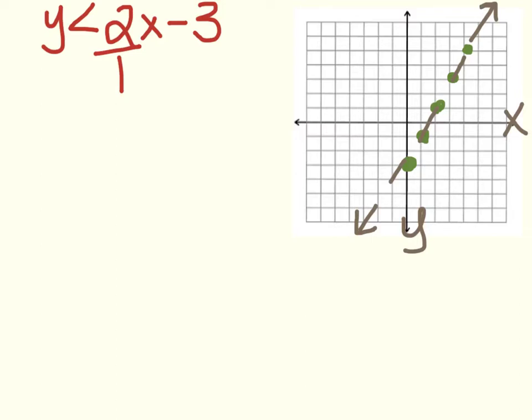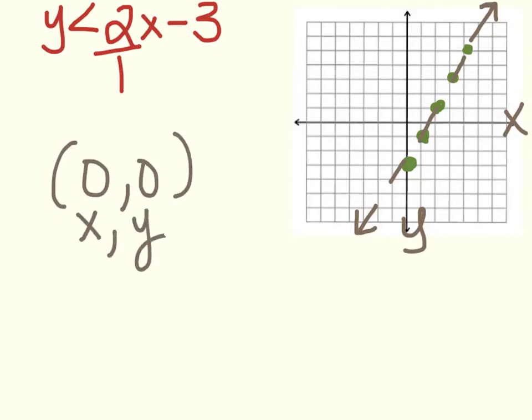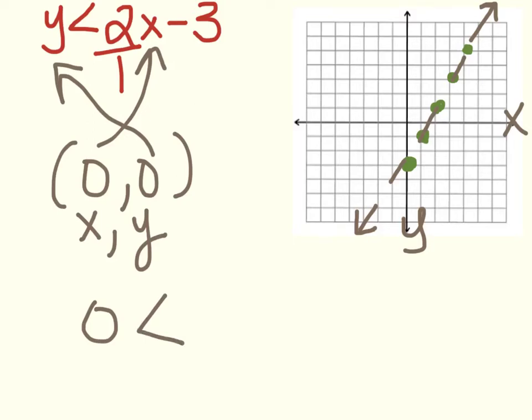Now the next thing we have to figure out is where we shade, on this side of the dashed line or on this side. The most accurate way to figure this out is by testing the point 0, 0. Remember, this is your x and this is your y. So if we plug 0 in for x and 0 in for y, then we have 0 is less than 2 times 0, which is 0, minus 3, which simplifies into 0 is less than negative 3.